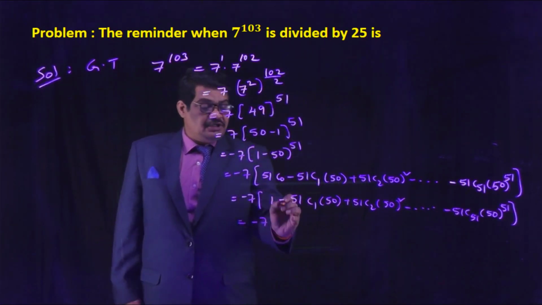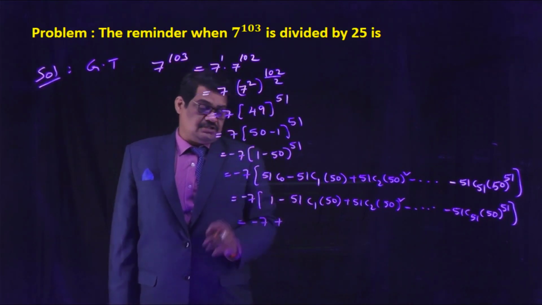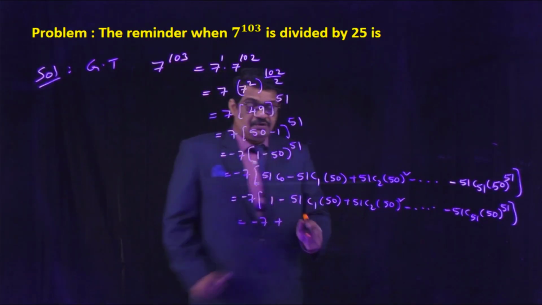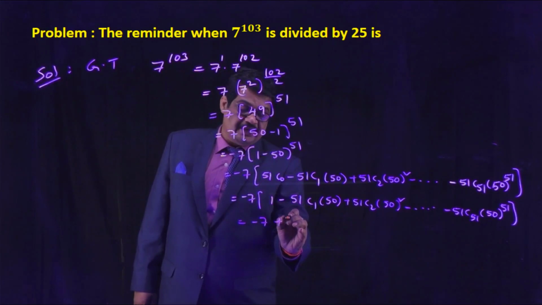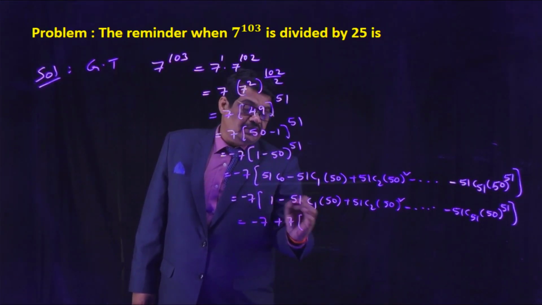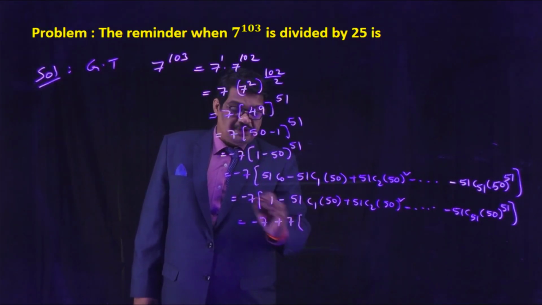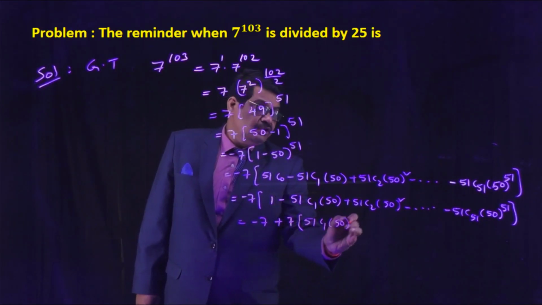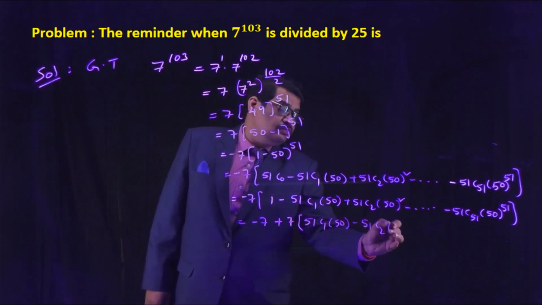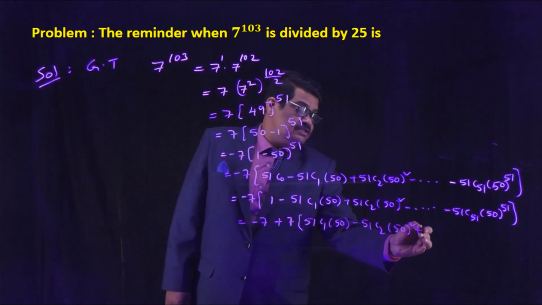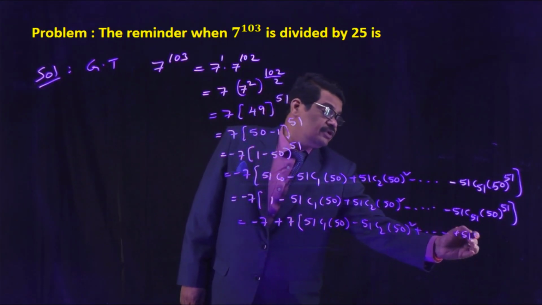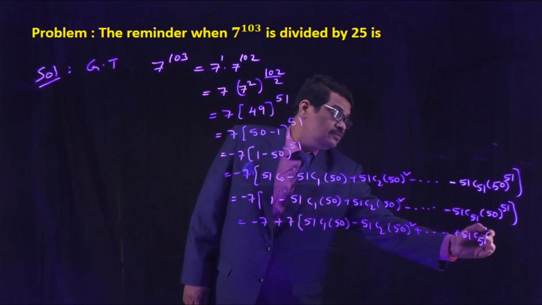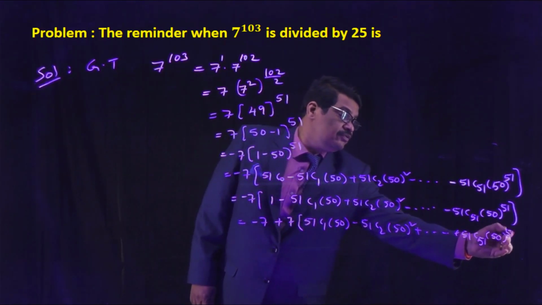Minus of minus is plus. Here minus 7 is common. Minus of minus plus here: 51C1 50 minus 51C2 50 square plus and so on plus 51C51 50 to the power of 51.